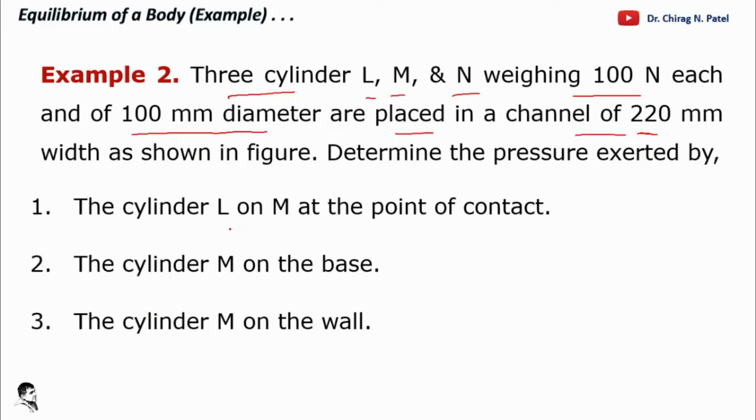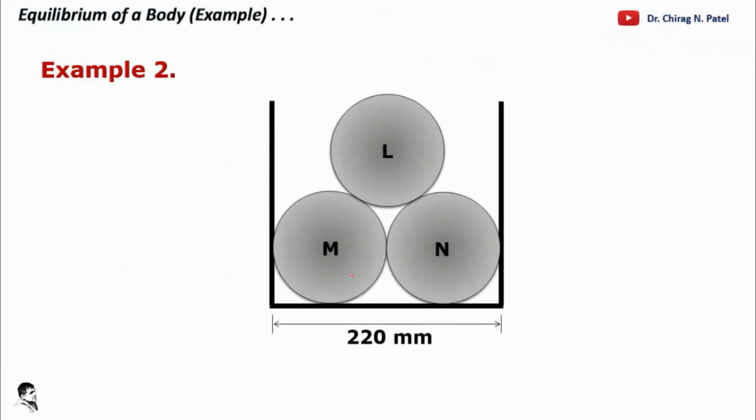We require to find out first the pressure between cylinder L and M at the point of contact. Second, what is the reaction at the base of cylinder M, and what is the reaction on cylinder M from the wall.